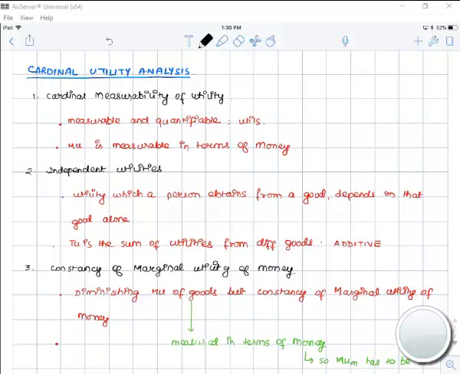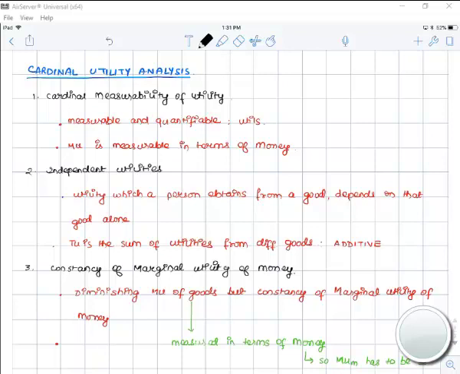Right? So all of this is important for us, that it is measured in terms of the marginal utility of money. For example, because what is money? Money tells you the general purchasing power, right?